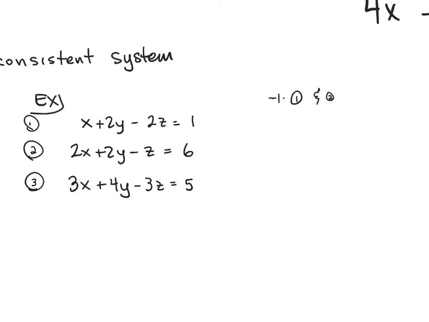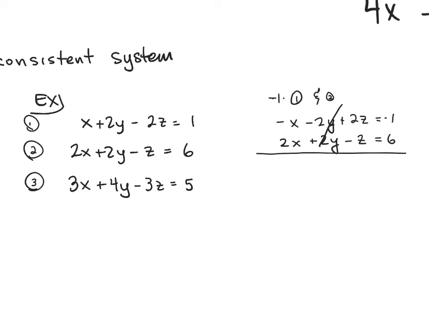So -1 times equation 1 is -x minus 2y plus 2z equals -1. And then equation 2, I didn't do anything to it, so it stays the same. I'm going to eliminate the y variable and get x plus z equals 5.